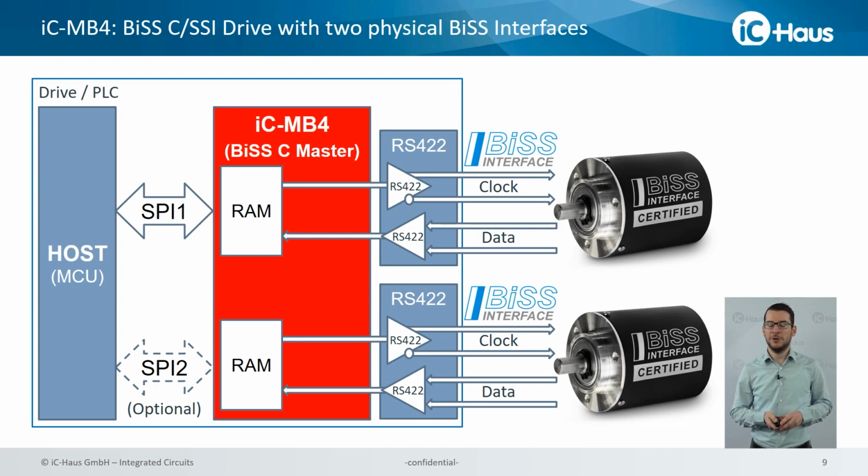This kind of configuration is quite typical if you have two BiSS sensors which are not prepared for daisy chaining, so they don't have an SLI input accessible. In that case, you cannot daisy chain the sensors, but need to access them in parallel.